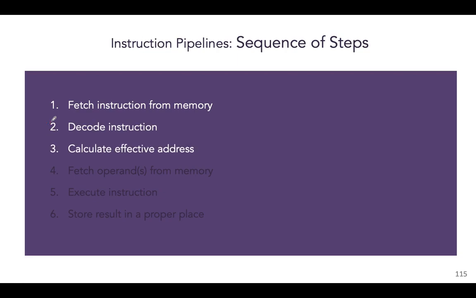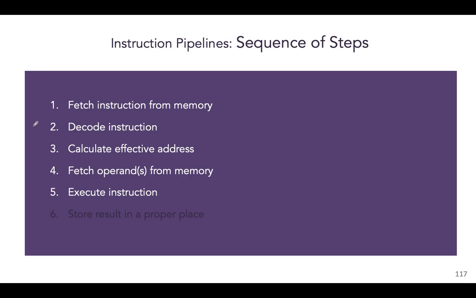The third step is to calculate the effective address of the operand. The fourth step is to fetch these operands from memory now that we have the effective address. The fifth step is to execute the instruction. So now that we know what the instruction is actually telling us to do, plus we have the operands, we can execute the instruction. And the final step is to store the results of the computations of the execution in a proper place.